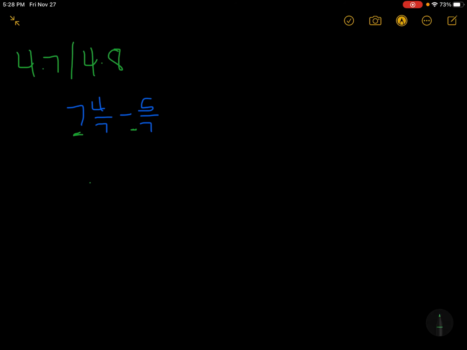But I do have a fractional piece, and if I moved on to the fractional pieces, I would be looking at 4/7 minus 5/7, and I can't do that.